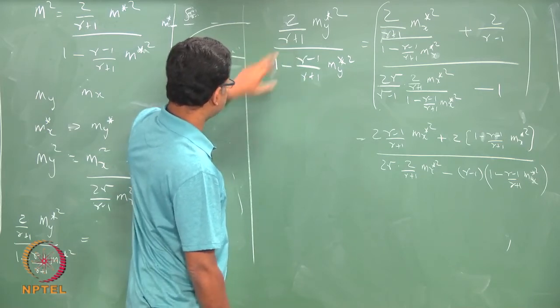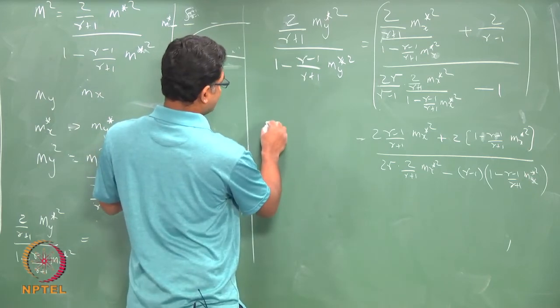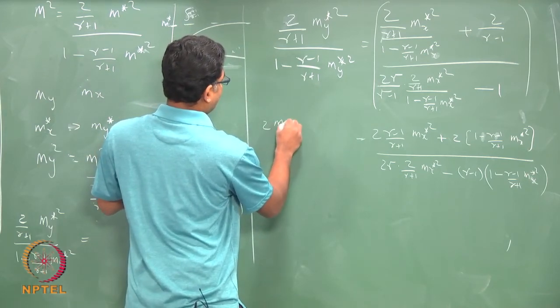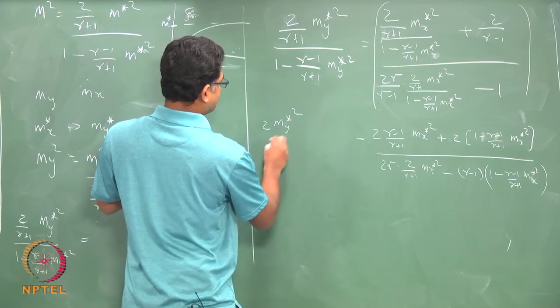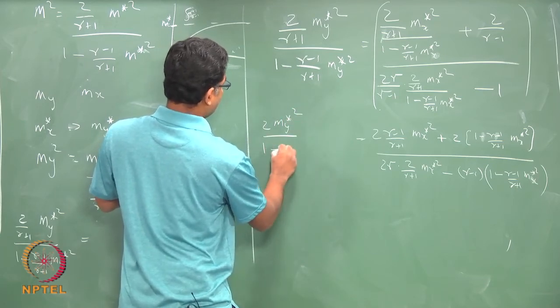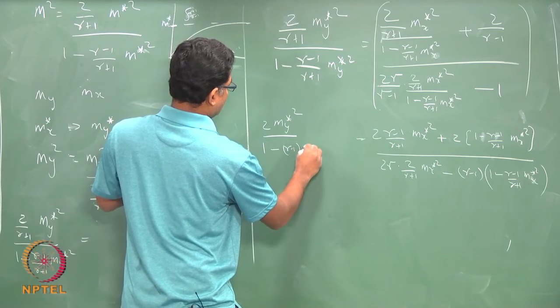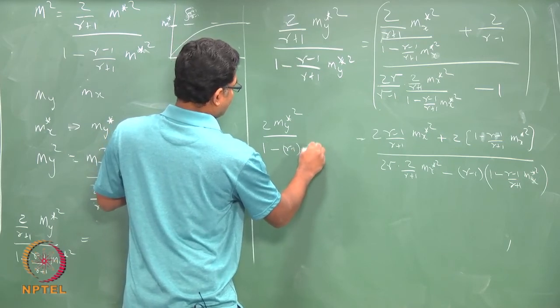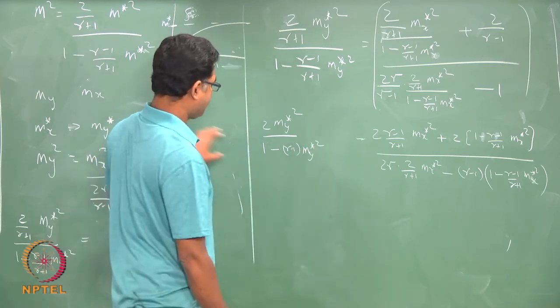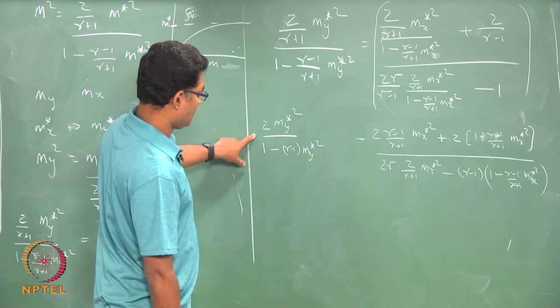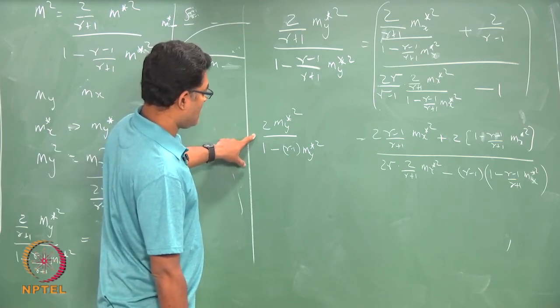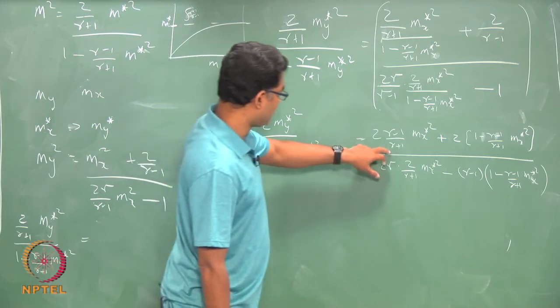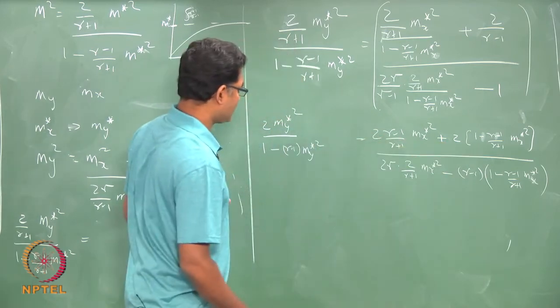So here gamma plus 1 and gamma plus 1 get cancelled. So this would be 2 My star square divided by 1 minus gamma minus 1 into My star square. Here again gamma minus 1 and gamma minus 1 get cancelled.